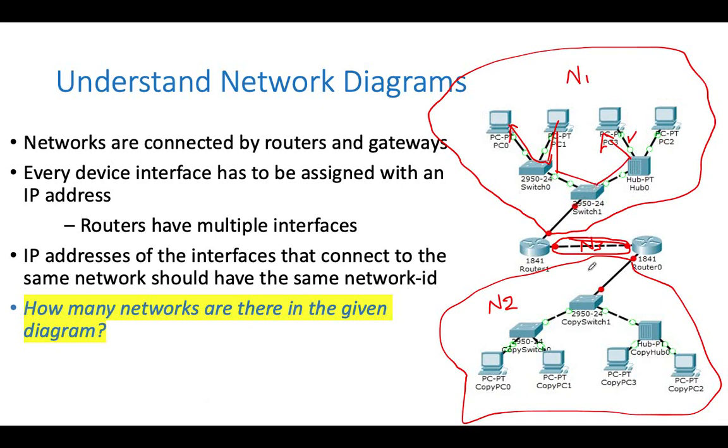Can the switch send my data to another network? Unless it's a layer 3 switch, it will not. A layer 2 switch like a 2950 or 2960 will not. So what do we need? We need a gateway, and the gateway is usually a router.